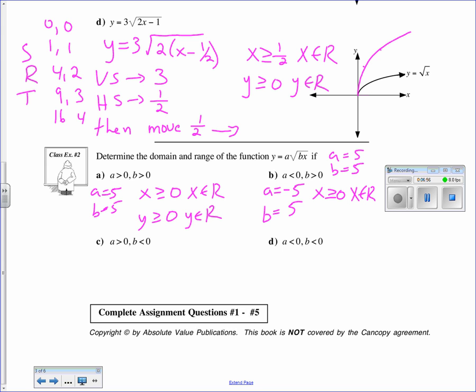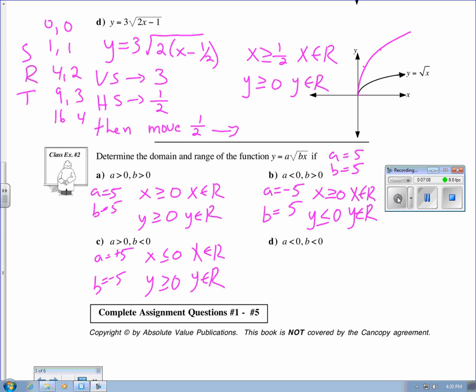But that a value plays havoc with my y's, and it makes my y values less than or equal to 0. y is an element of the reals. So with a being positive 5 and b being negative 5, now I'm restricted on my x's. My x's must be less than 0 so I can continue to square root positive values. My y will be greater than 0 because I don't have any effect of that a.